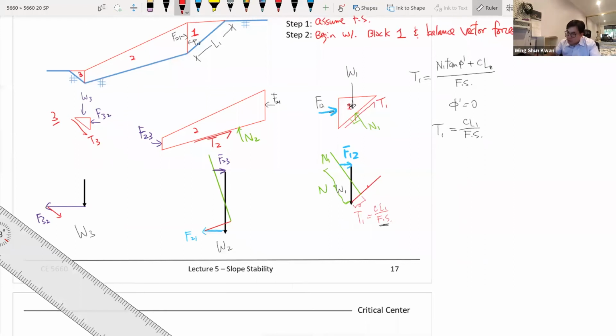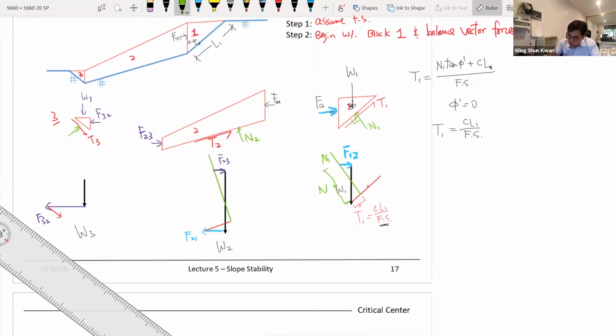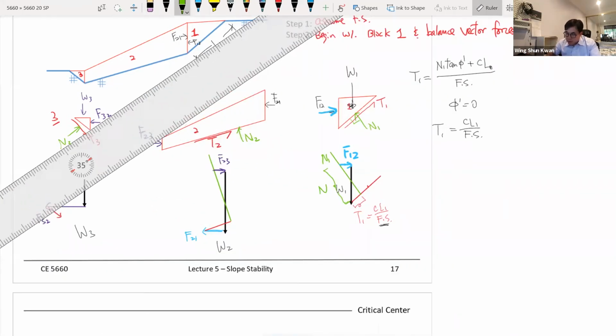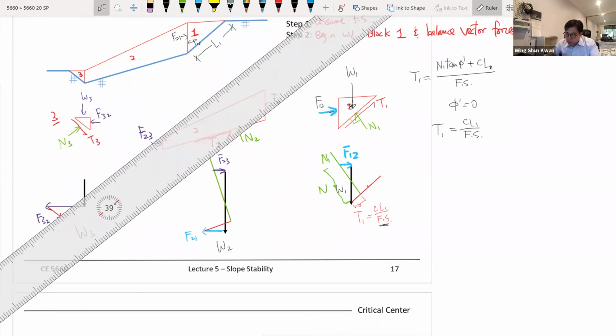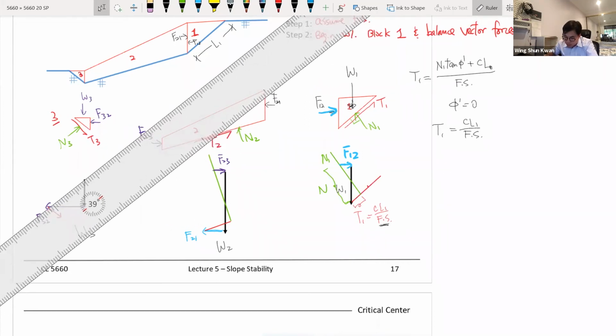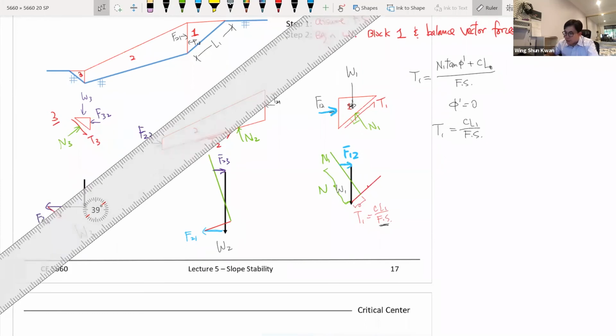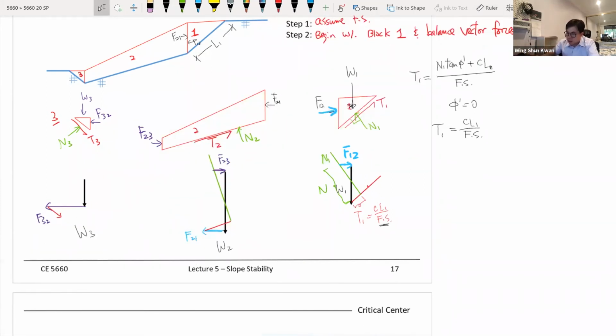And at the end of the day, you don't know your normal force right there, but you know the directions, the orientations, and this needs to close. So now I'm not closing. That means I'm not correct. It should be something like this. So maybe the F, if I do it right, needs to be even higher.